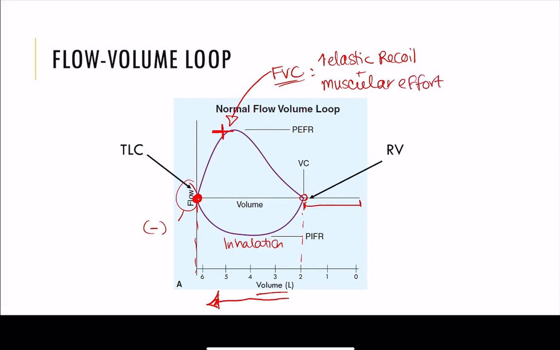So with exhalation, you get both elastic recoil and muscle effort, which gives you a distinctive shape to this curve, because you have higher flow rates at higher lung volumes, with a greater contribution of elastic recoil when the lung is more stretched.